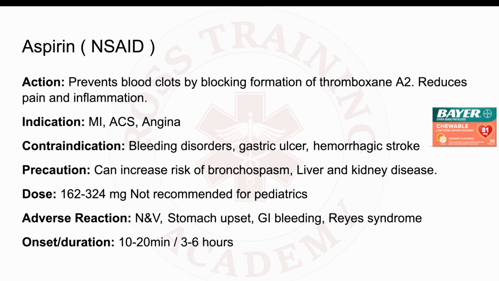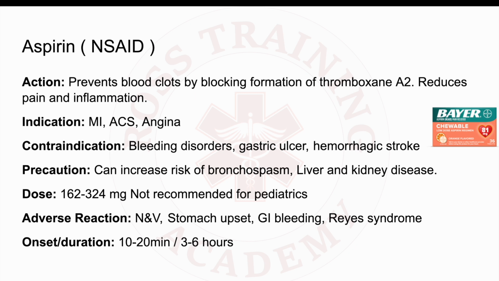And then we have aspirin, or a non-steroidal anti-inflammatory drug. It prevents blood clots by blocking formation of thromboxane, and then reduces pain and inflammation. Some indications are going to be MI, acute coronary syndromes, and then angina. Contraindications are going to be bleeding disorders, gastric ulcers, hemorrhagic strokes.